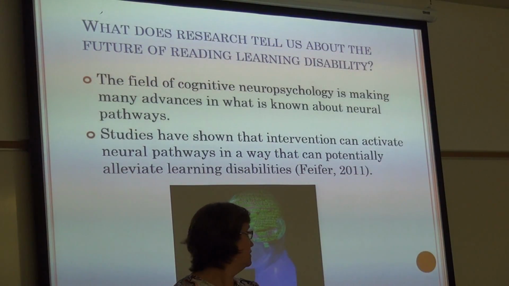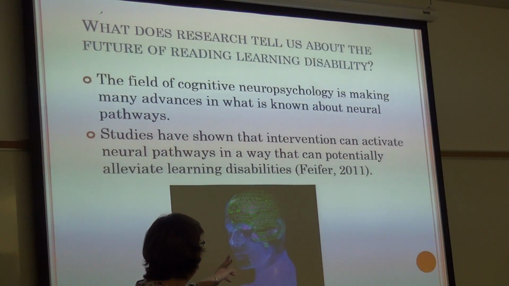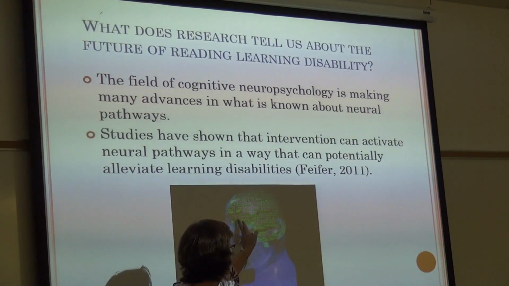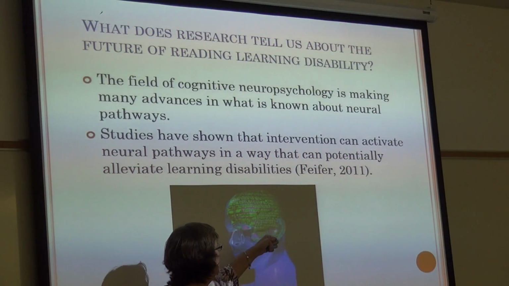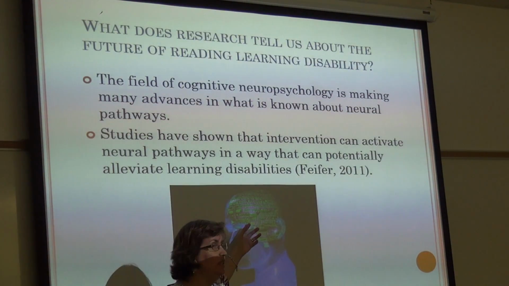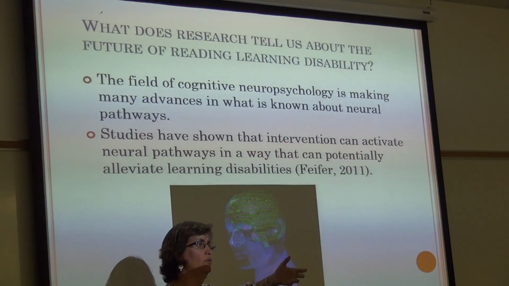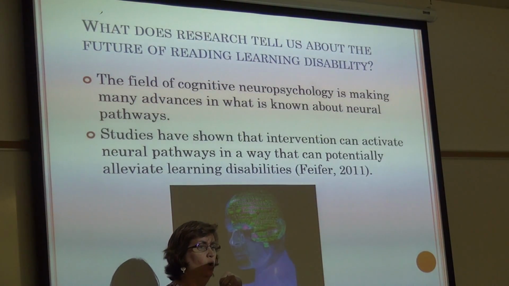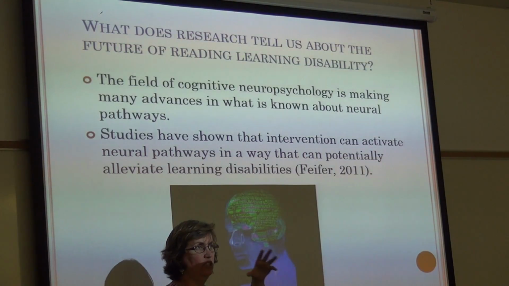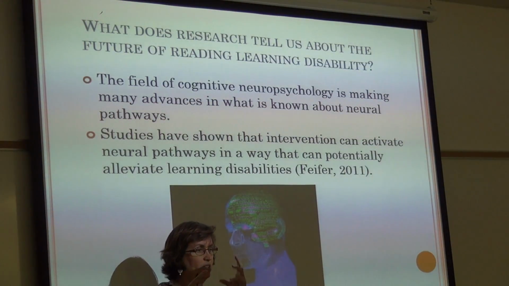And this image, I think, is quite interesting because it shows the brain really being activated by information, whether the brain is taking in information, putting out information, or processing information.